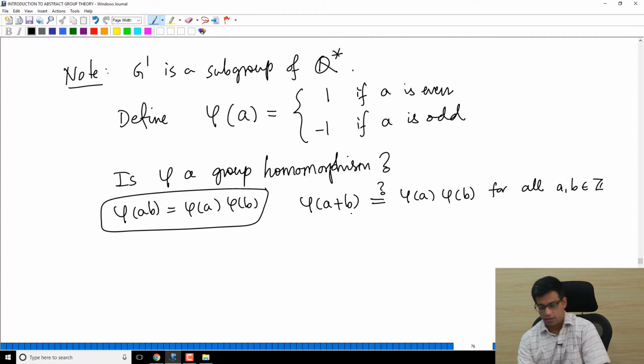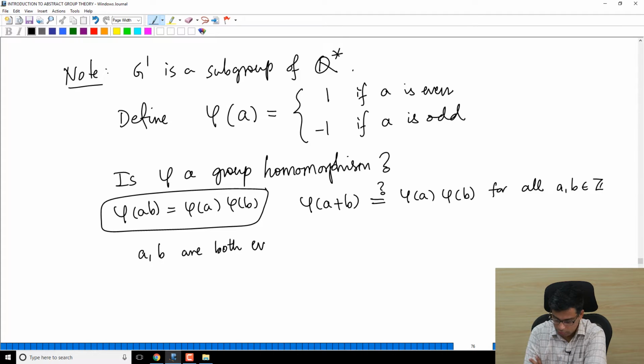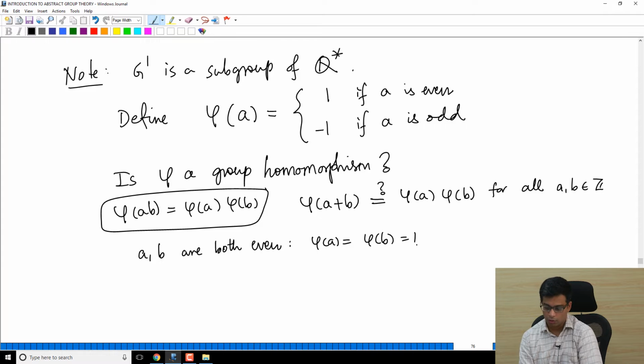Note that the image of phi is either 1 or minus 1 depending on whether A is even or odd. So let's take two even numbers. Let's say A and B are both even. If they are both even, phi of A equals phi of B equals 1, because both go to 1. And note that then A plus B is also even.